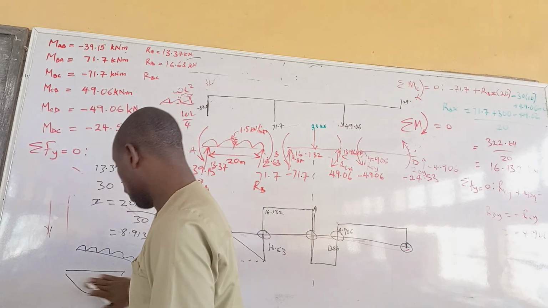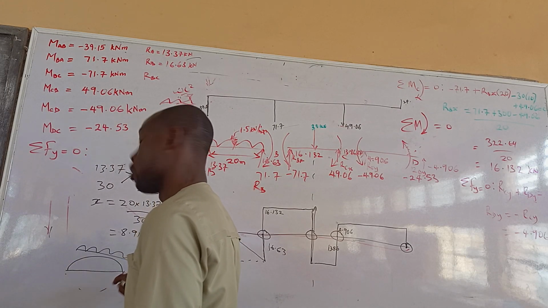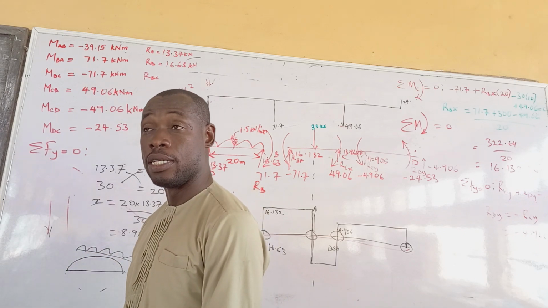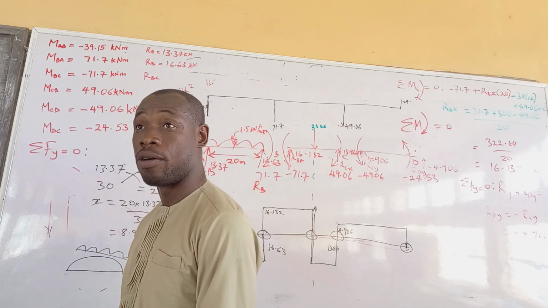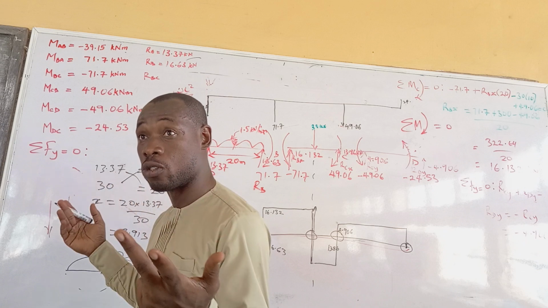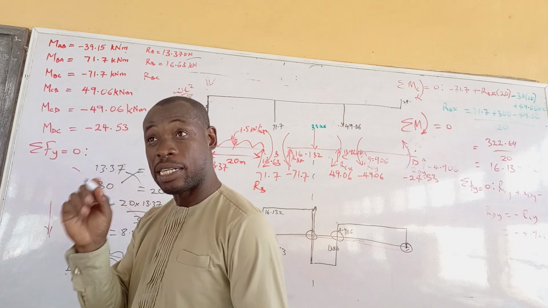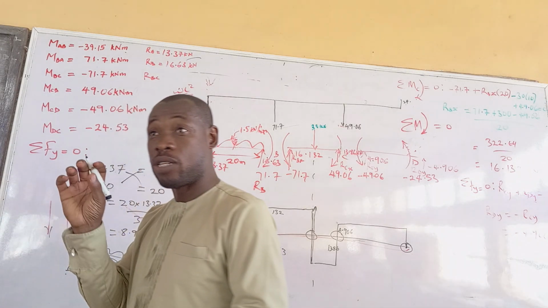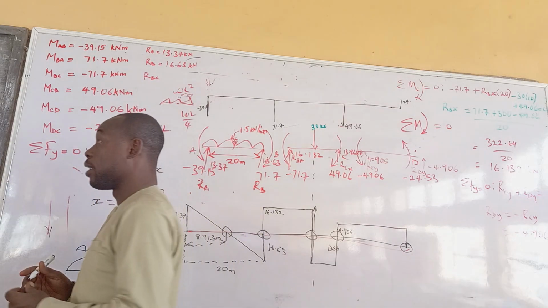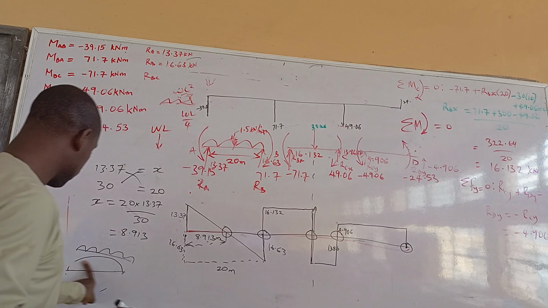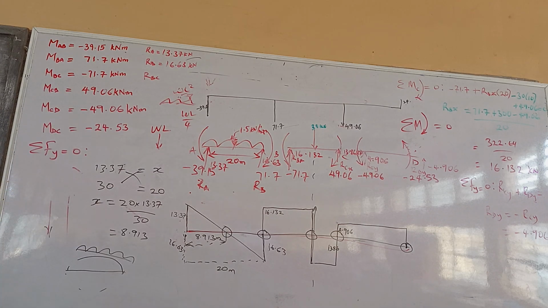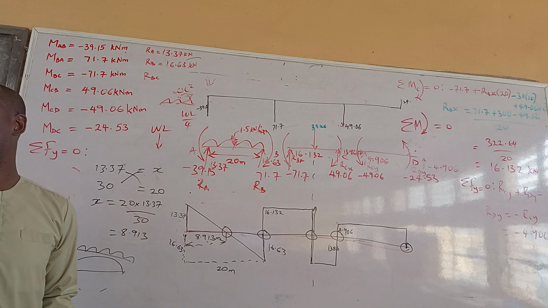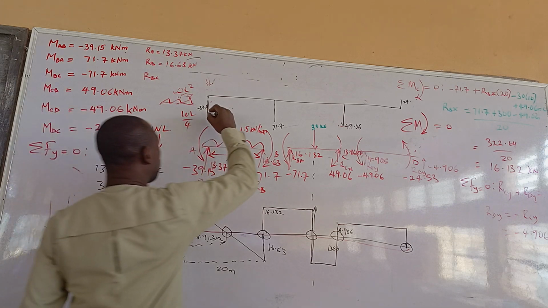Another person can draw it like this. You are both doing the same thing. The only thing is that somebody is applying it underneath, while another person is applying it on top. But the main thing is the value. Either it's negative or positive, it is the value that we're interested in, right? And for this case here, to have that uniformly distributed load, it's supposed to come like this.